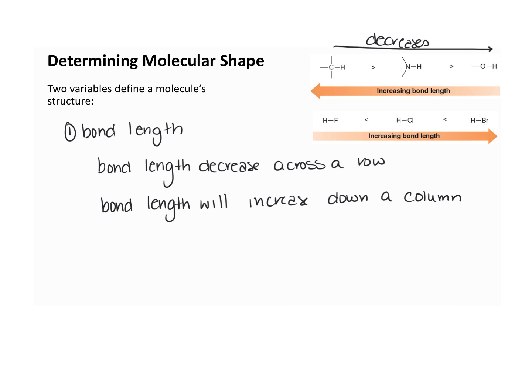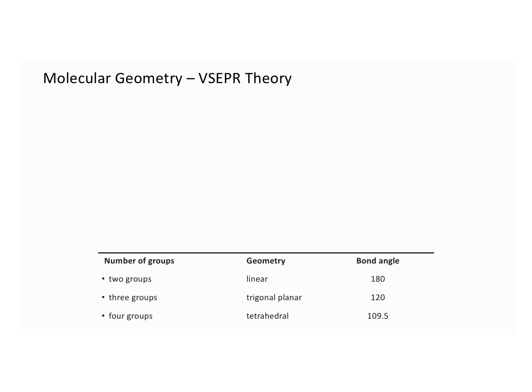Now, the second thing that determines the three-dimensional geometry of the molecule is bond angle. Now, bond angle, and we're going to talk about that more on this slide, determines the shape around any atom bonded to two other atoms.